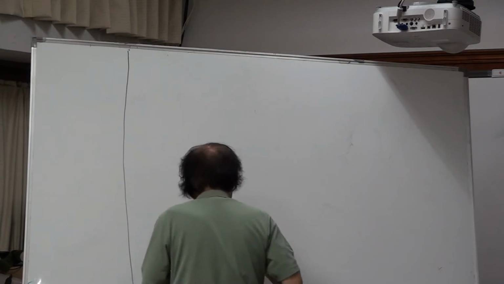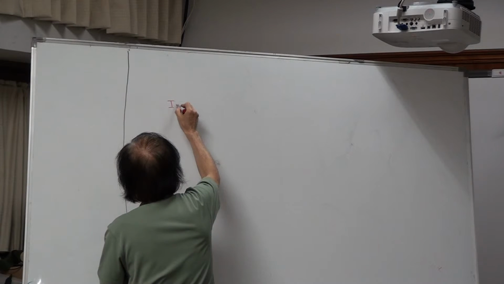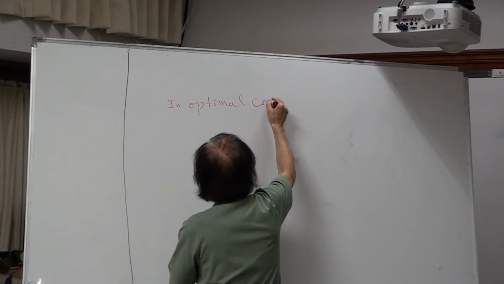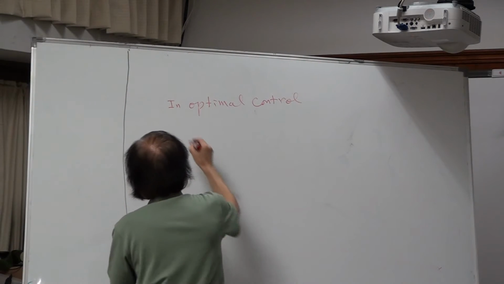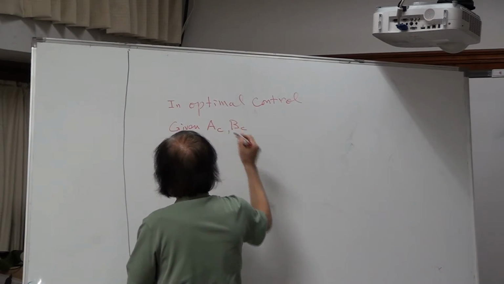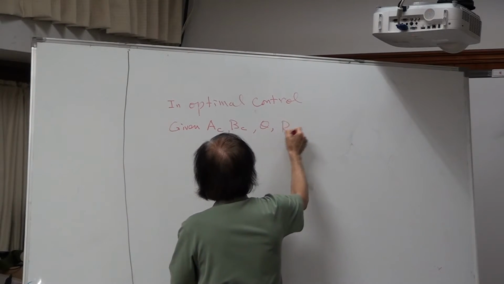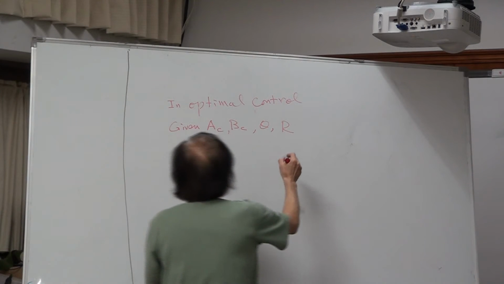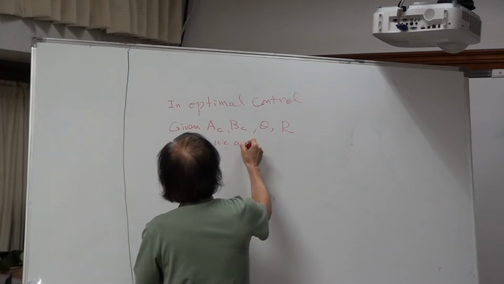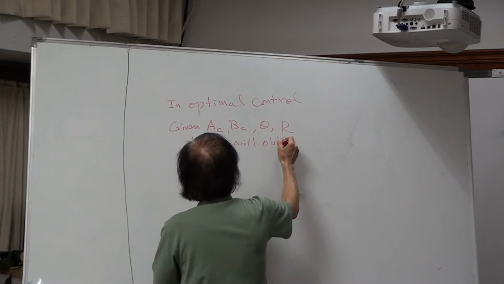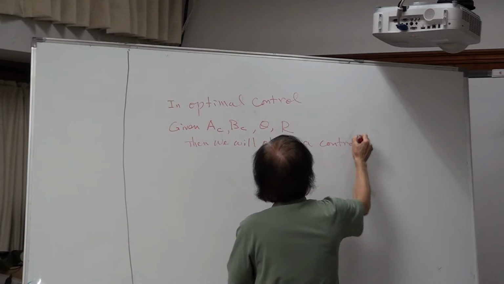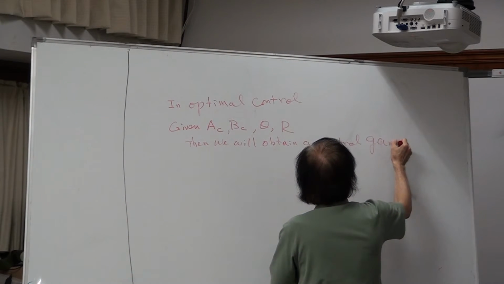Now, in optimal control, given AC and BC, and Q and R, we will obtain a control gain called FC.